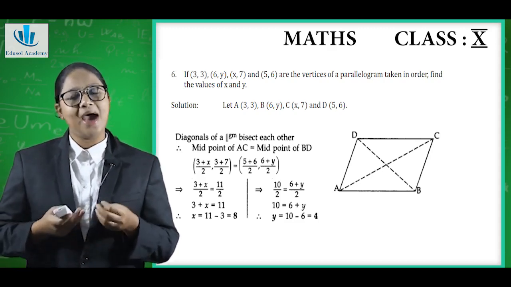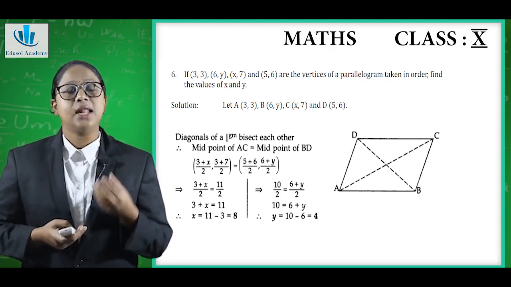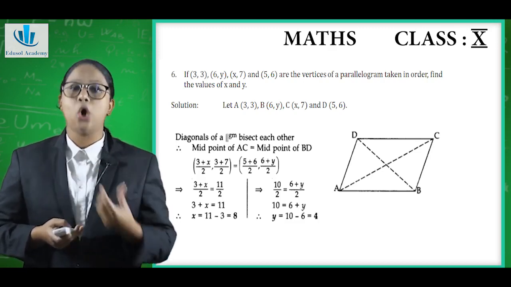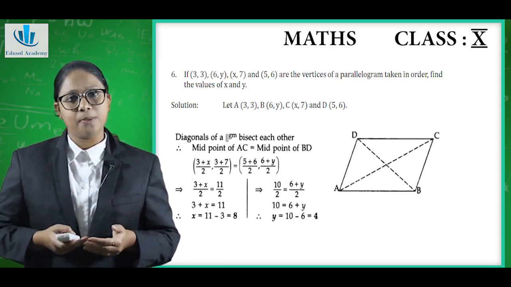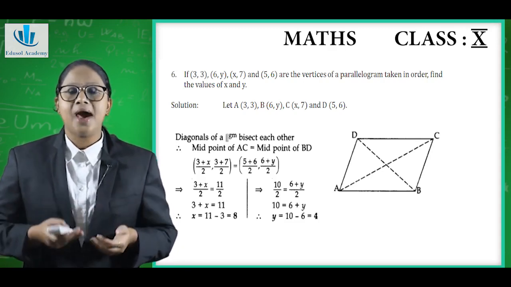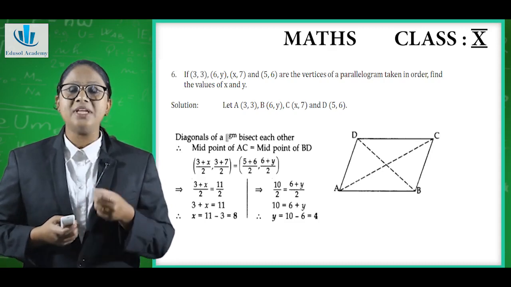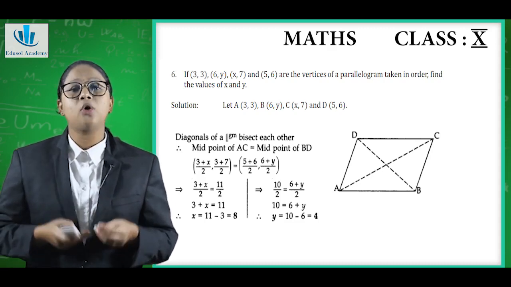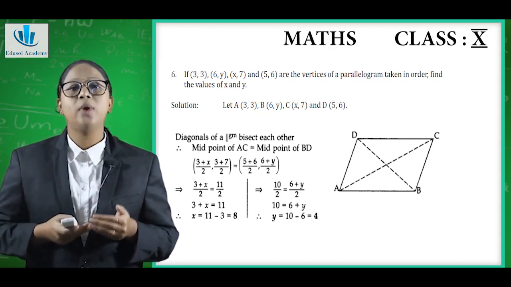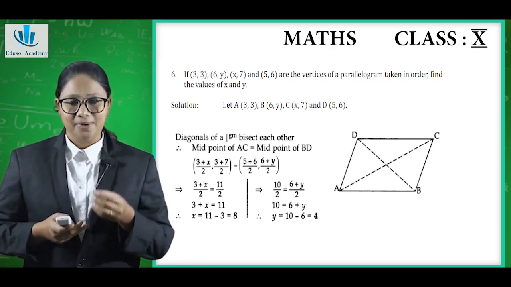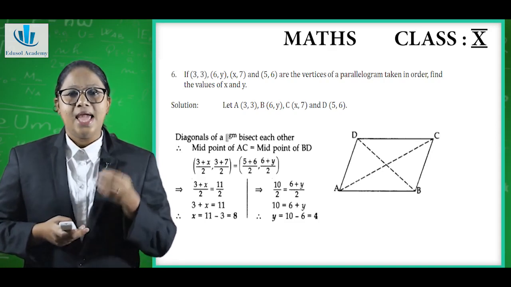So construct a parallelogram, and they have said it's taken in order, so you can assign those coordinates in order, and there is a property for a parallelogram. In a parallelogram, the diagonals will bisect each other, which means that the midpoint of AC will be equal to the midpoint of BD. So we can again apply the midpoint theorem.